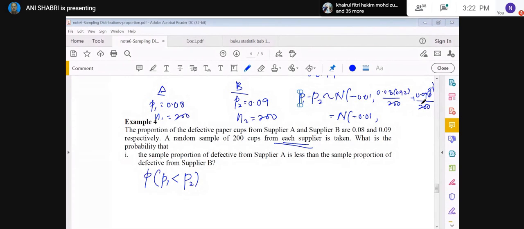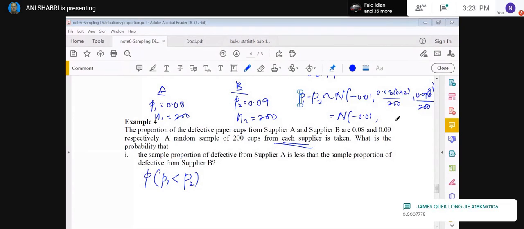0.08 times... berapa dapat? What is the value for it? 0.19.